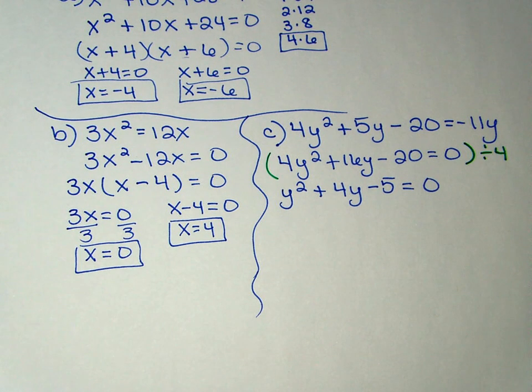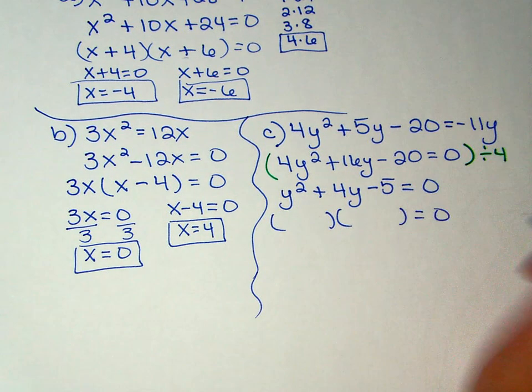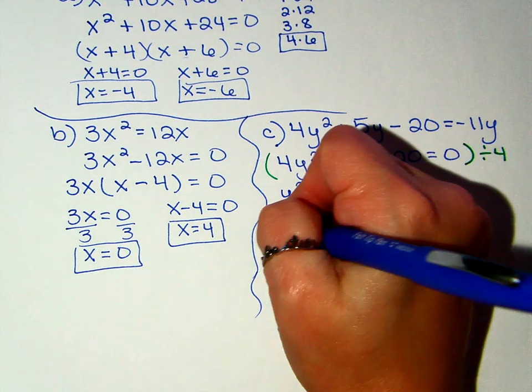It's a little bit harder because we have our a equal to 4 instead of 1, but it's still factorable, and you're still going to get the same solutions in the long run. So let's set up our factors. My first term's y squared, so I know I'm going to have a y and a y.